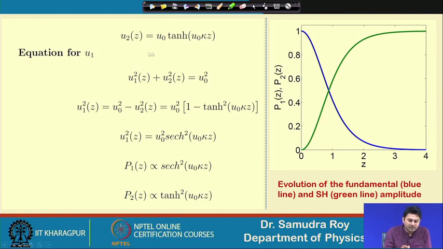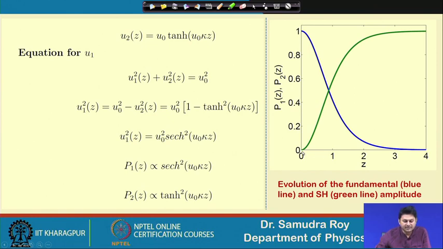So, now the tanh function suggests, if I plot this tanh function in terms of power, then this power is equal to tanh square. So, the power of the second harmonic is going to change as tanh square, and here the green curve shows how the tanh square curve is going to change. At z equal to 0, it is 0.